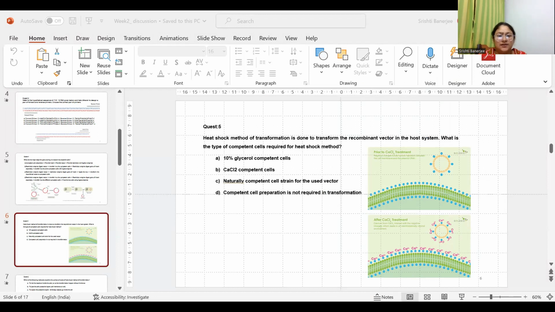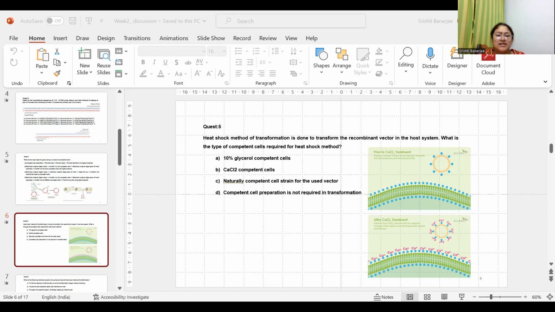Okay, so you had this question. Anyway, the answer is given here. One of the popular methods of transformation of recombinant plasmid to host cells is to perform heat shock transformation.